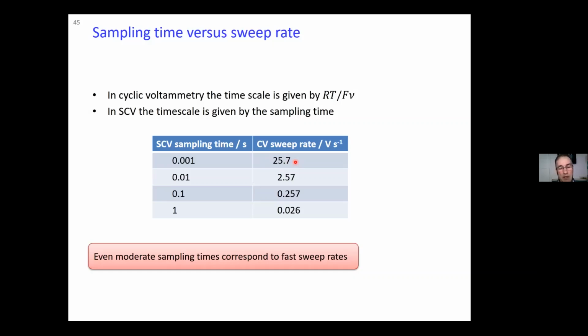So it seems as if doing the potential step will afford a shorter time scale than what would be achievable with a conventional electrochemical workstation in cyclic voltammetry.